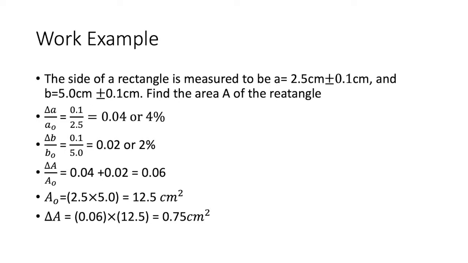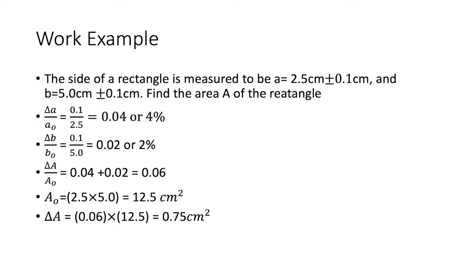In this case, it is equal to 0.1 over 2.5, giving us 0.04. The fractional uncertainty of B is equal to 0.1 over 5.0, giving us 0.02.